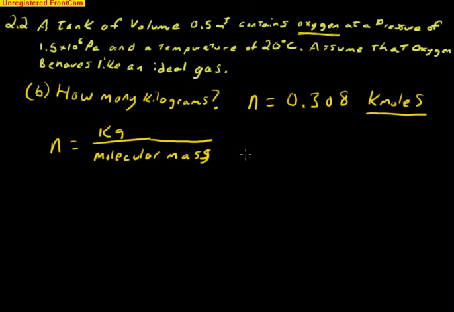Its atomic number is 8, and usually the molecular mass is related to the atomic number, and it's usually double. It's actually very, very close: it's 15.999 something, so we're just going to approximate it with 16.